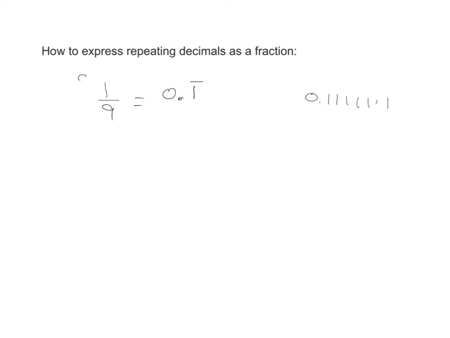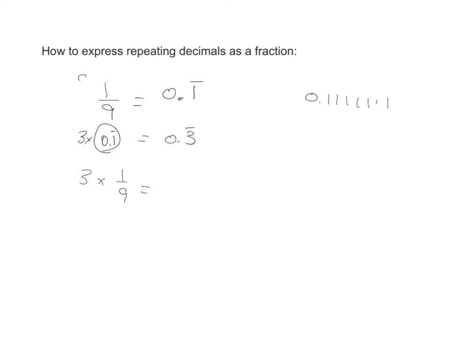Okay. So if you wanted to write 0.3 repeating as a fraction, you would simply say, oh, it's just 3 times more than 0.1 repeating. Which we know 0.1 repeating is just 1/9.